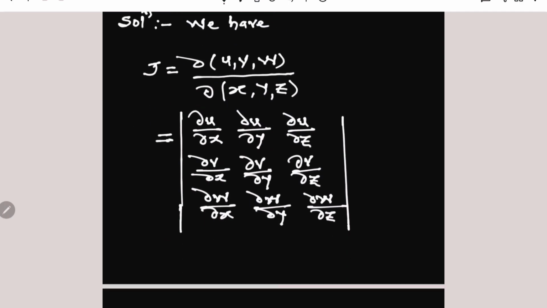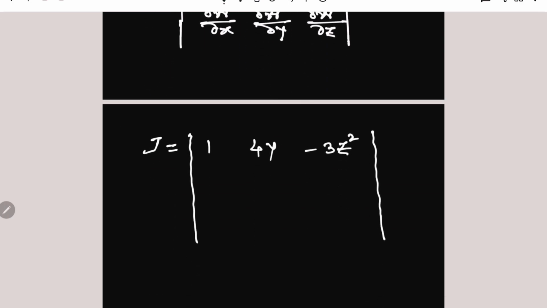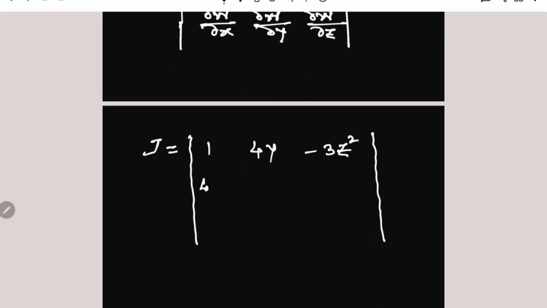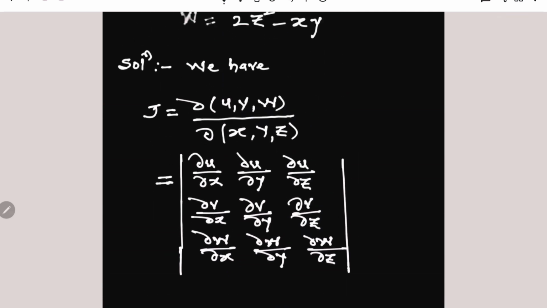Then differentiate v with respect to x, then y, and then z. The derivative of v with respect to x is 4xyz. Then differentiating it with respect to y, we get 2x square z.